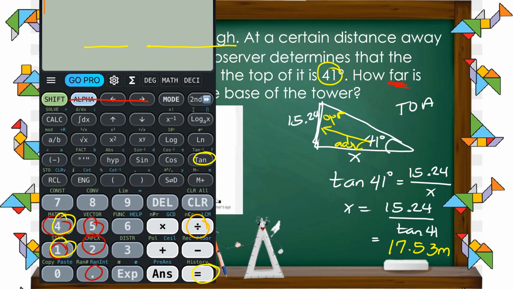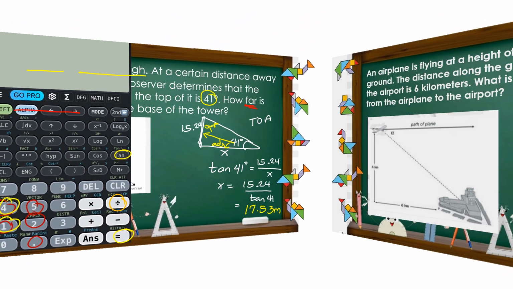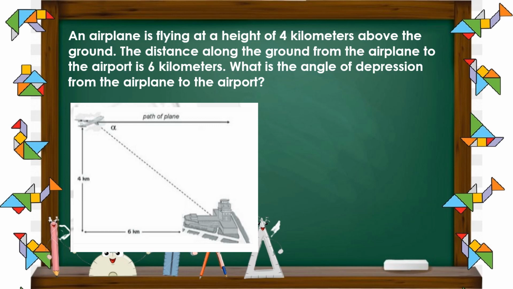Let's have the next example from our learner's pocket. Here we have an airplane flying at a height of 4 kilometers above the ground. The distance along the ground from the airplane to the airport is 6 kilometers. What is the angle of depression from the airplane to the airport?